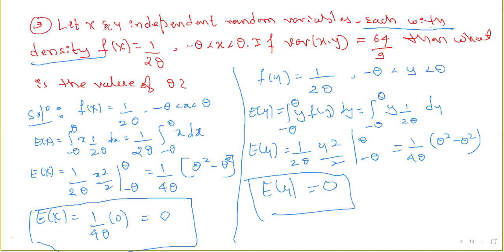So they gave the information that x and y are independent random variables.